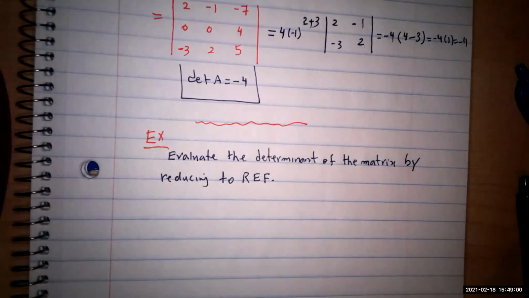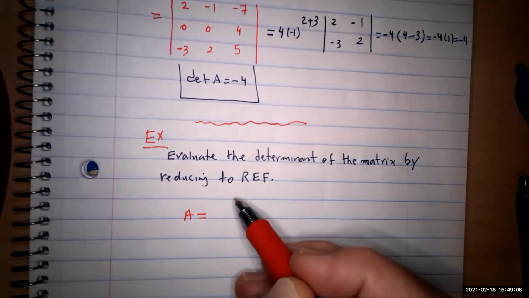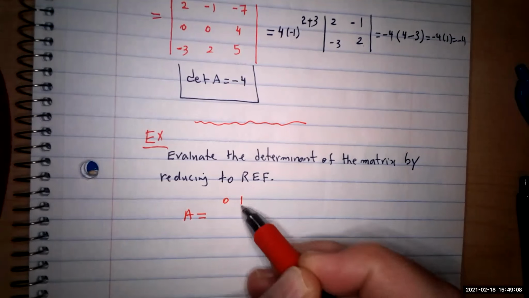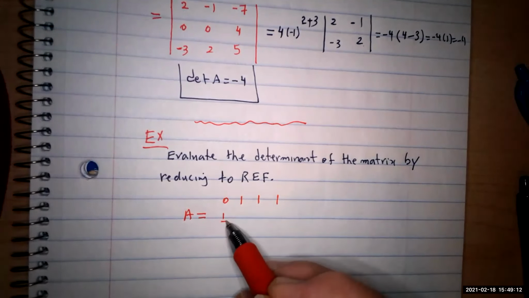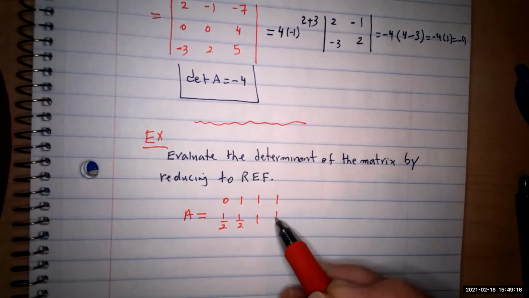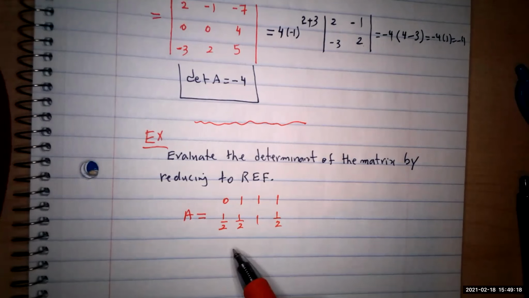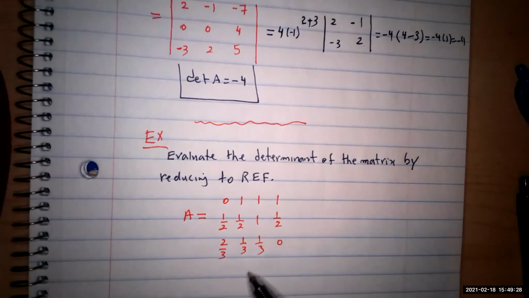What's the matrix? It's a 4 by 4 matrix. So A is equal to a 4 by 4: 0, 1, 1, 1. Then I have 1/2, 1/2, 1, 1/2. Then we have 2/3, 2/3, 1/3, 1/3, and 0.